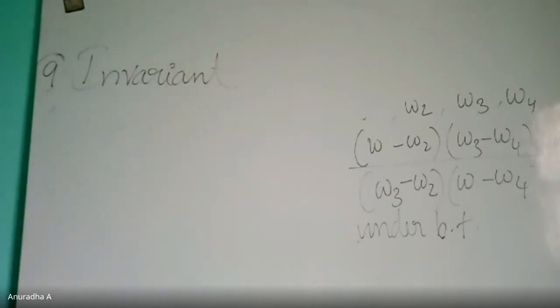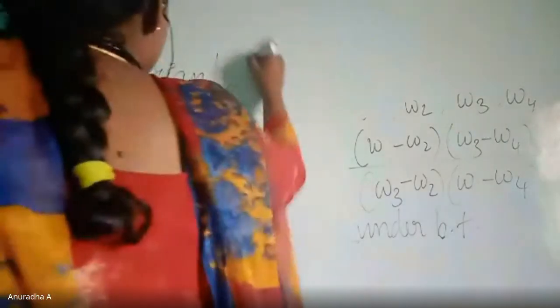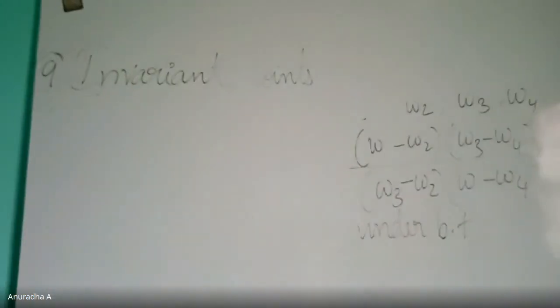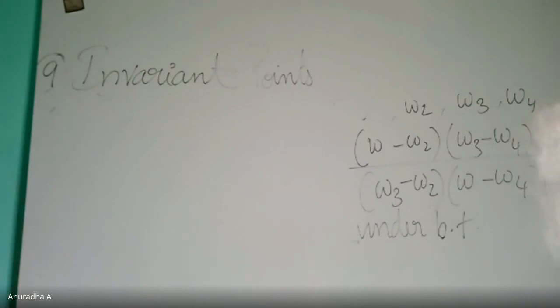Invariance is not a property here; we are finding out points. In part A, you will surely get one question from invariant points, because even in that usual 3R pattern, invariant points is a repeated question. So it's important.